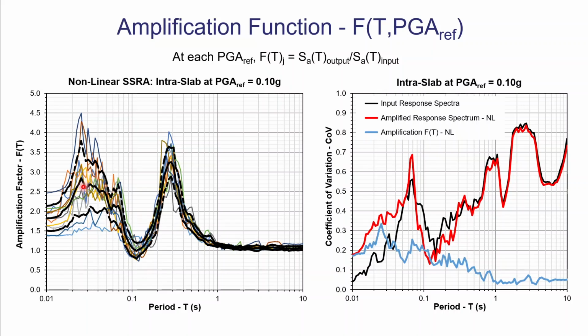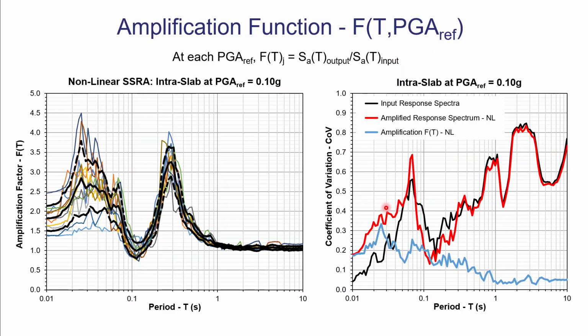If we look actually at the coefficient of variation, what's interesting, if you compare the coefficient of variation, that's the standard deviation divided by the mean for the suite of 11. The black is the input response spectra. So because we scaled the PGA, we have the lowest coefficient of variation at 0.01 seconds, and then it increases a fair bit as we go to longer periods, right, further away from our scaling point.